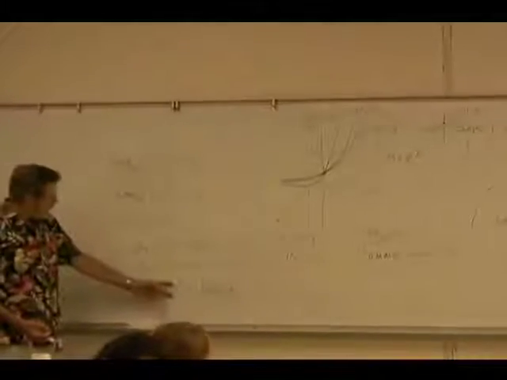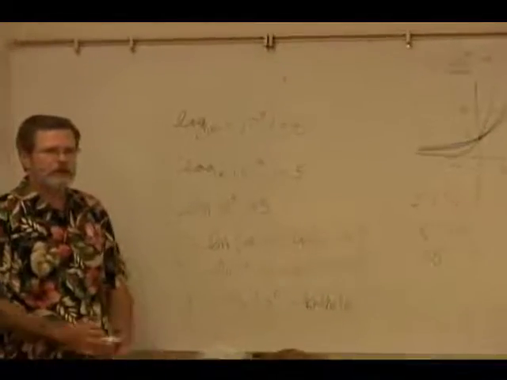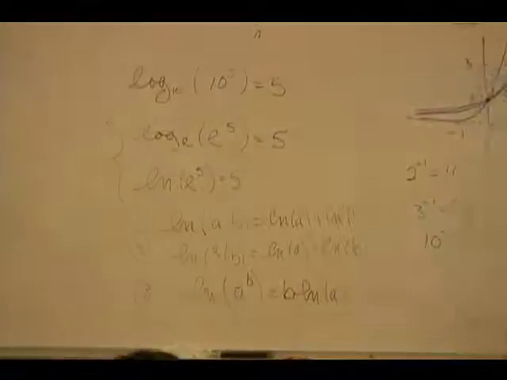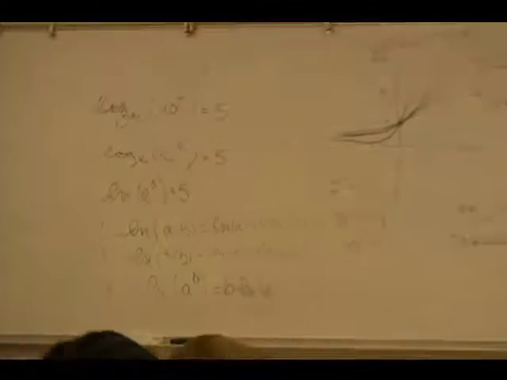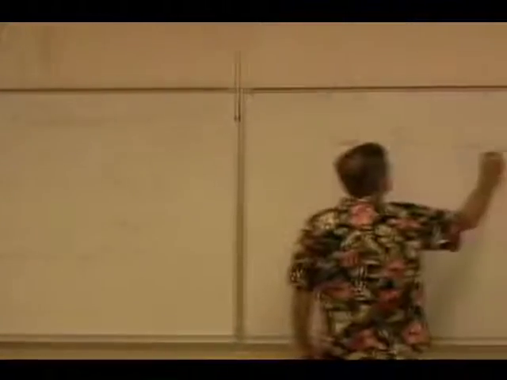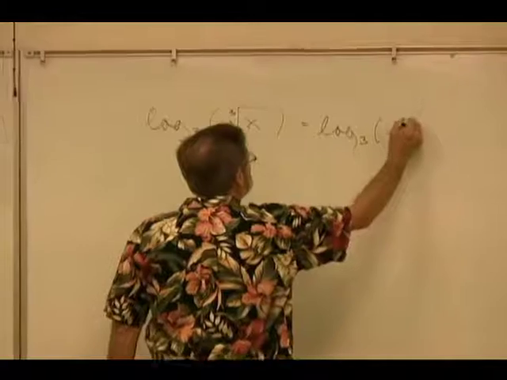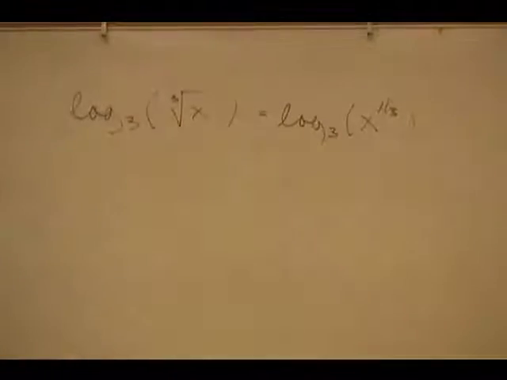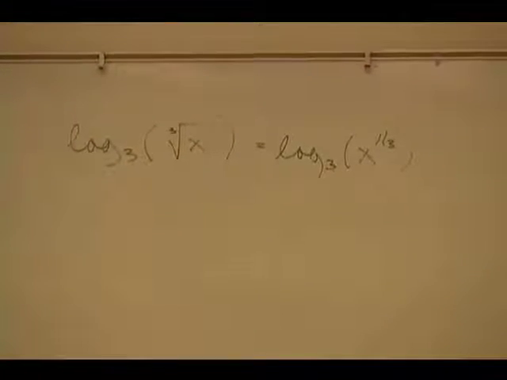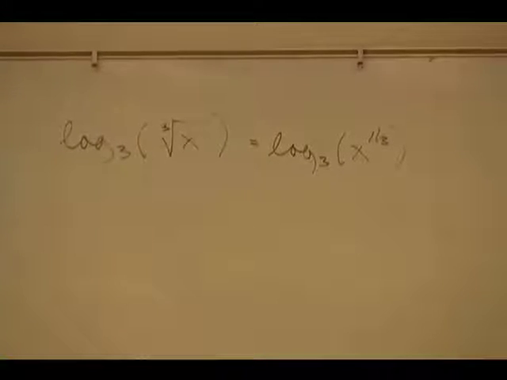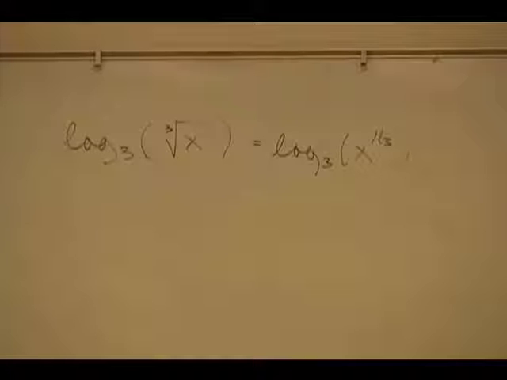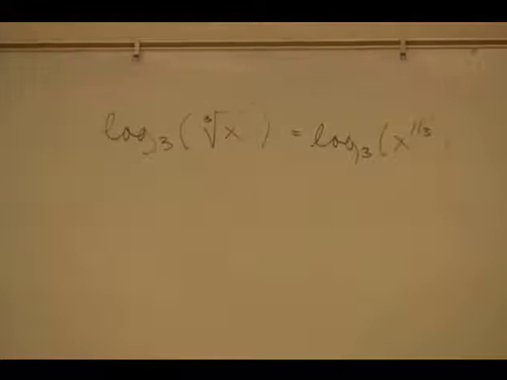Because of property 3 over here, what you'd like to do is write the cube root of x as an element raised to a power, because we get this simplification. So I'd like to write this as log to the base 3 of x to the 1/3, because that fractional exponent represents the cube root.